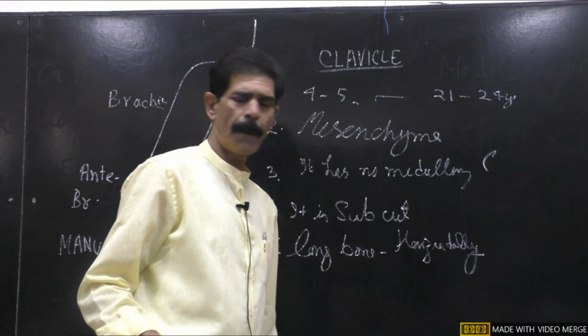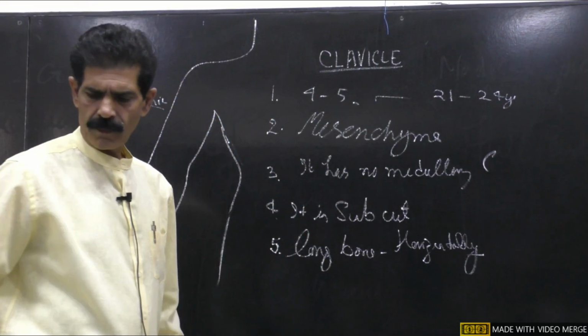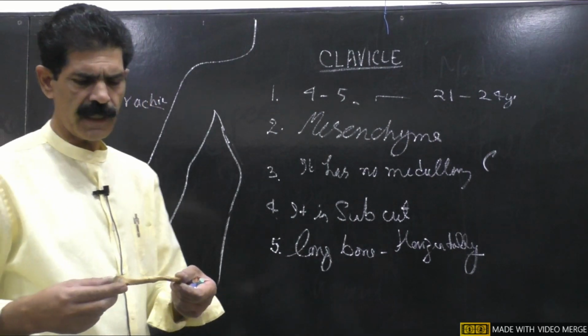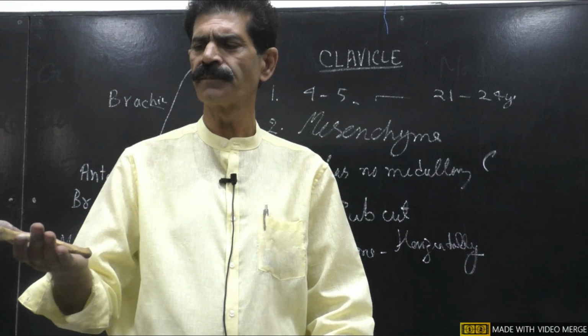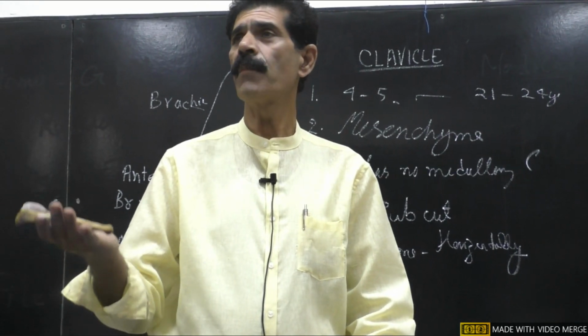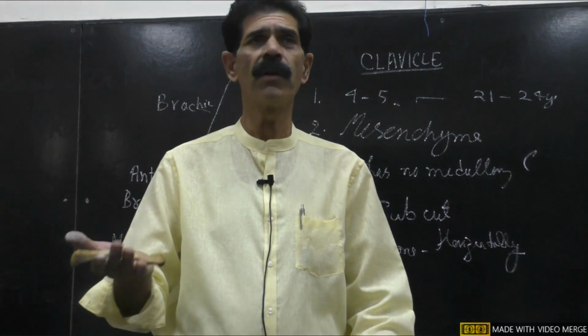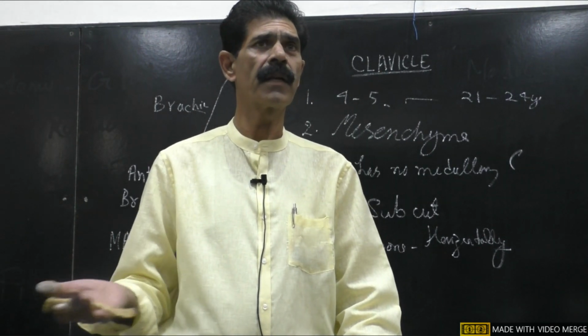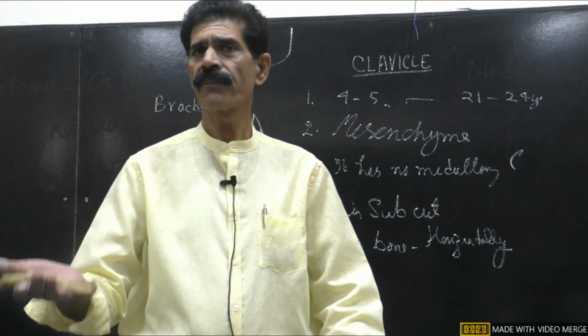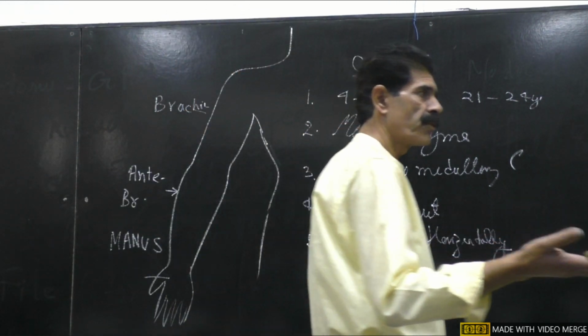So this is the clavicle. Now we will study the clavicle. Whichever bone you are holding, first we have to see the sex of the bone, whether it is a male bone or a female. Any bone you have to handle, whether the rib, first rib, second rib, third rib, sternum, or vertebra, this should be your aptitude.